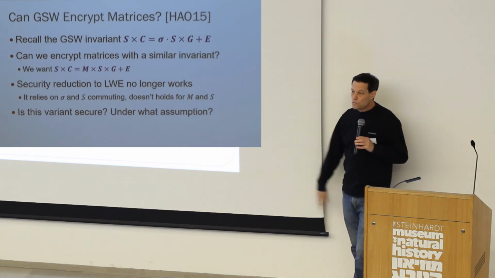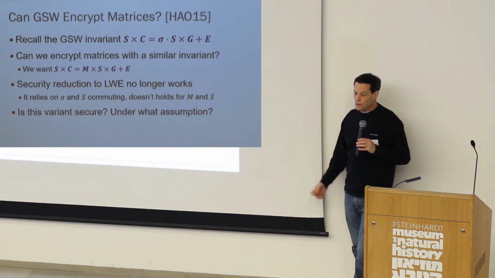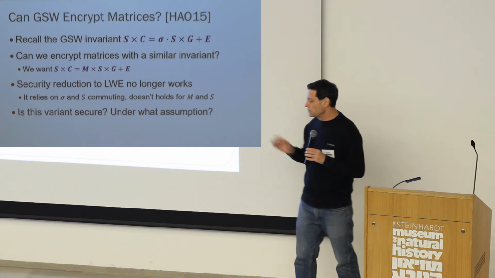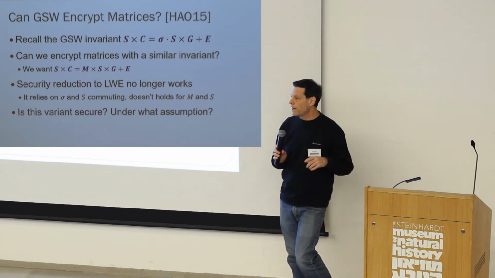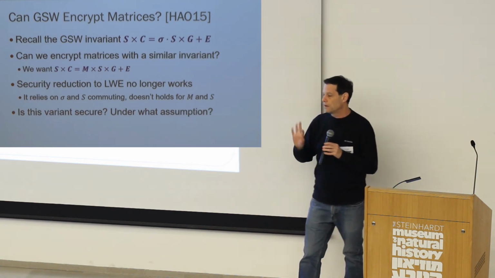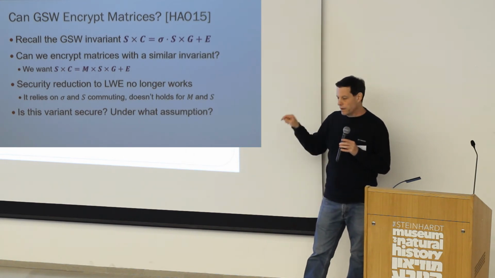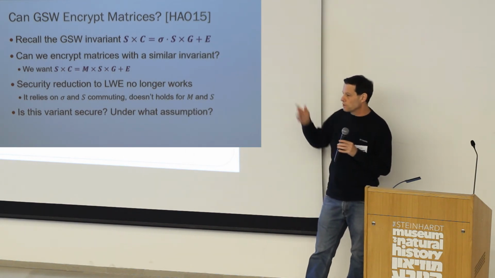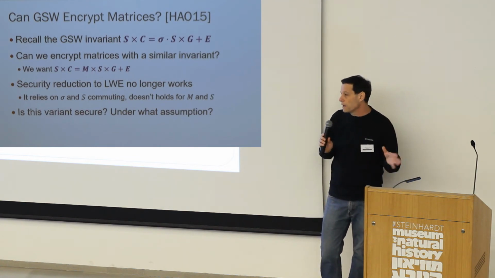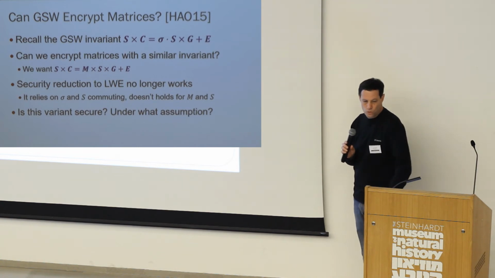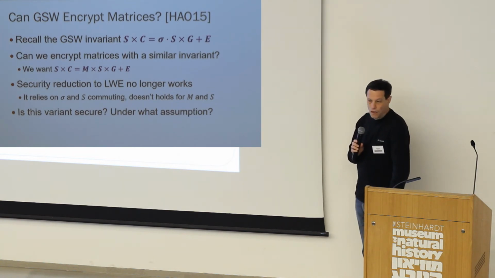And we can't really, because the reduction to LWE, or if you want, the way to encrypt, relied on the fact that sigma and S commute, and if instead of sigma you have a matrix M, then M and S, well, matrix multiplication is not commutative, so it just doesn't work for syntactic reasons.